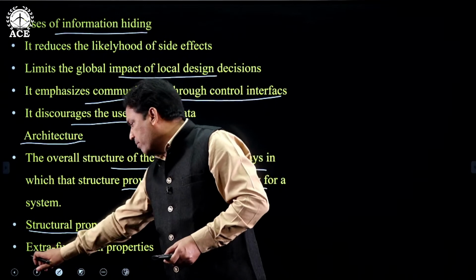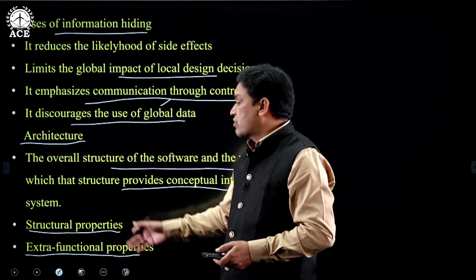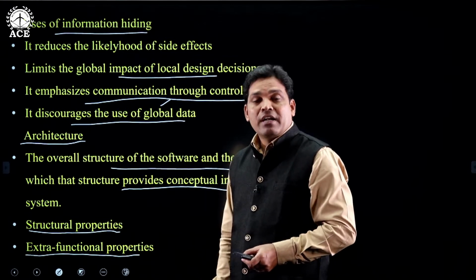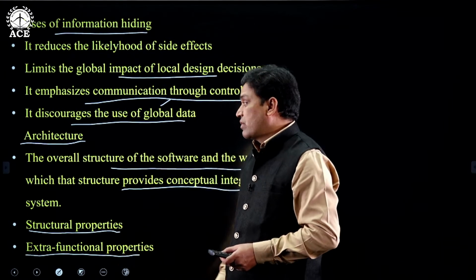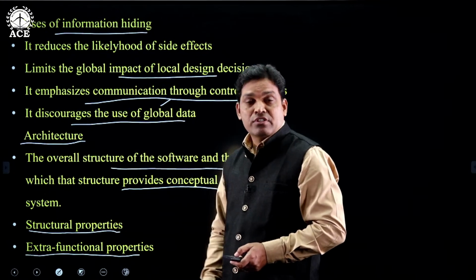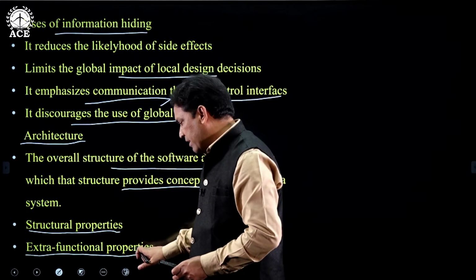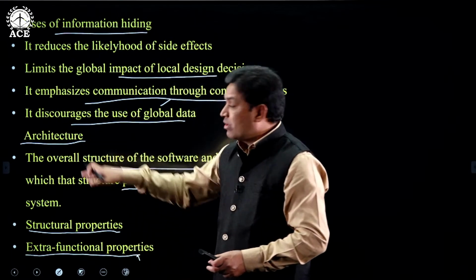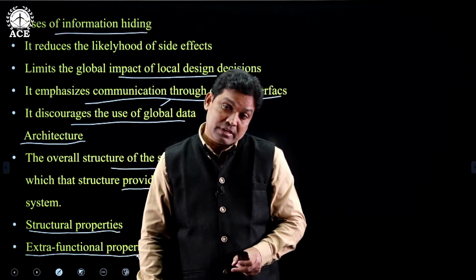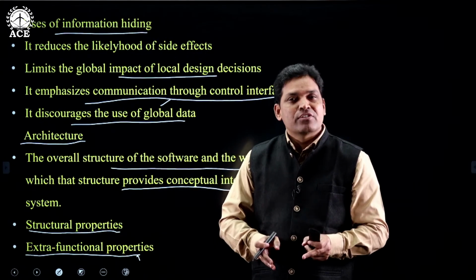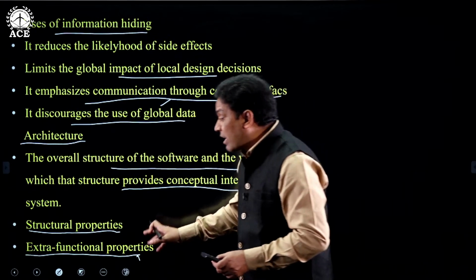Extra functional properties. So what functionalities will the design model of your software system provide? Once you have designed the architecture of your software system, what is meant by extra functional properties? What are the requirements to achieve performance, reliability, and availability of your architecture?